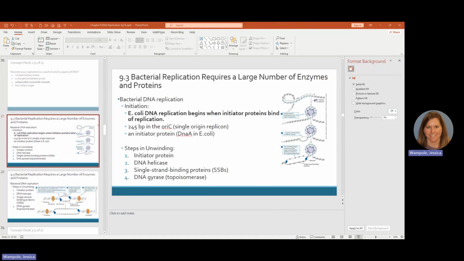Now, there's two reasons that it's RNA primase. One, RNA primase does not need that primer. RNA polymerase can come in and just stick in a nucleotide at any point that it wants to. The reason that RNA polymerase can do this is probably related to what we call RNA world.